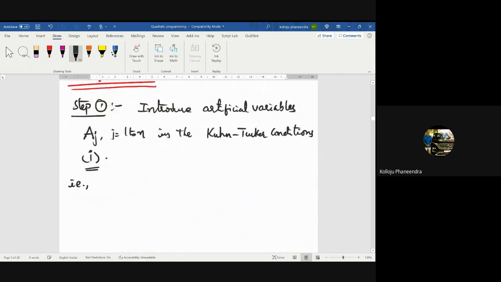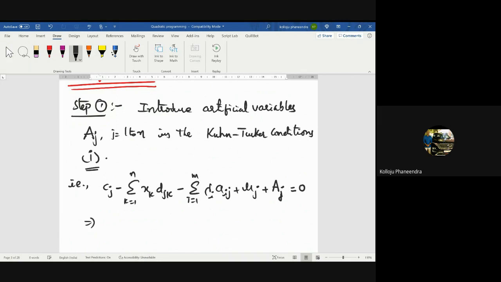That is Cj minus summation k equal to 1 to n xk djk minus summation lambda I into aij plus mu j. Up to here is the first KT condition. I have to add an artificial variable. Done, this is over.